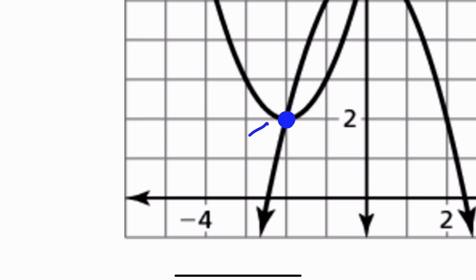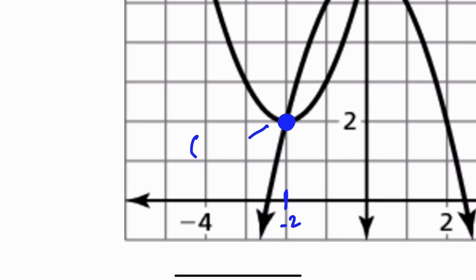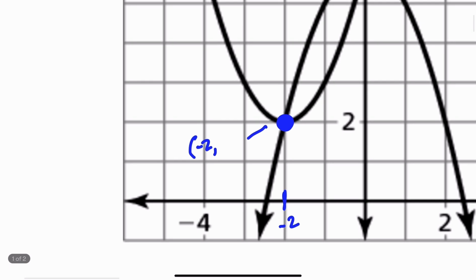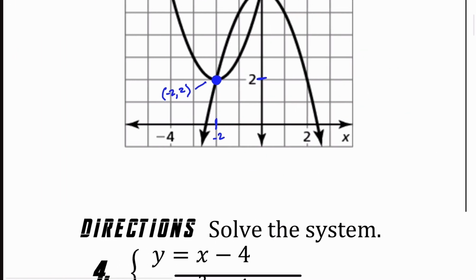We want to write the x comma y format, right? We want to write out what our point is. So the first solution to our system is, what's the x value? That is -2. And what is our y value? That's 2, right? We can see that over here.